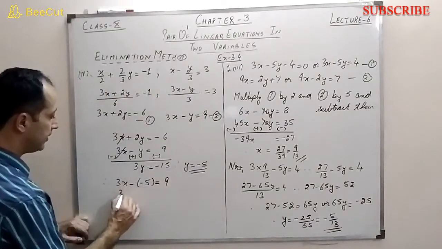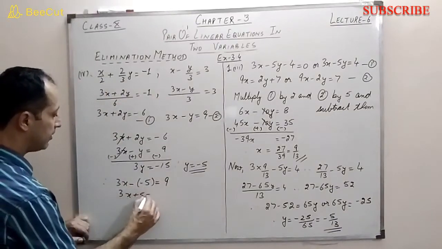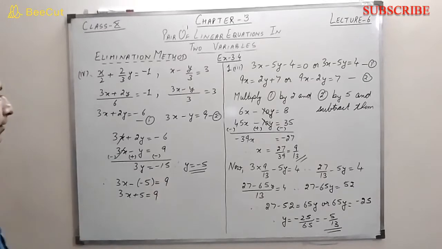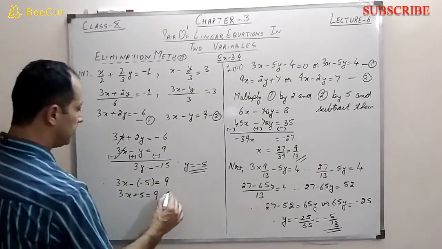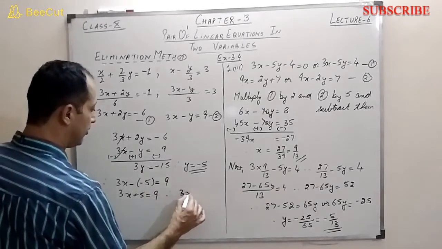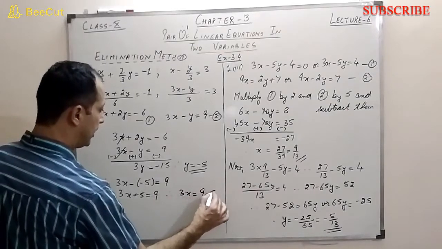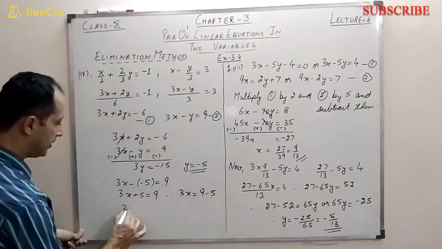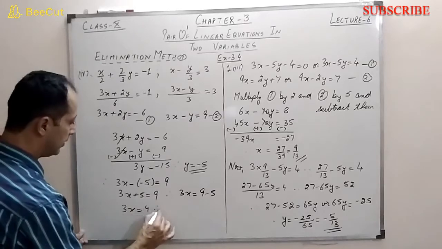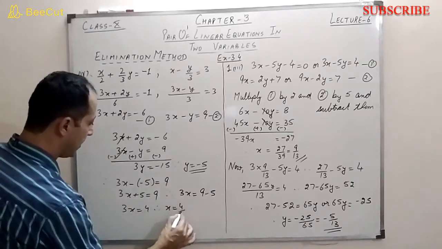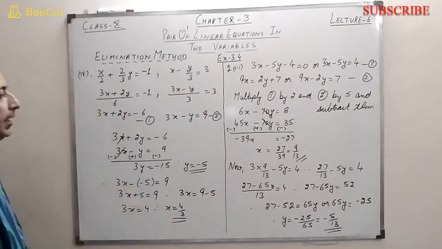So this is 3x plus 5 equals to 9, right? So now, 3x is equal to 9 minus 5, or 3x is equal to 4, therefore x equals to 4 by 3.